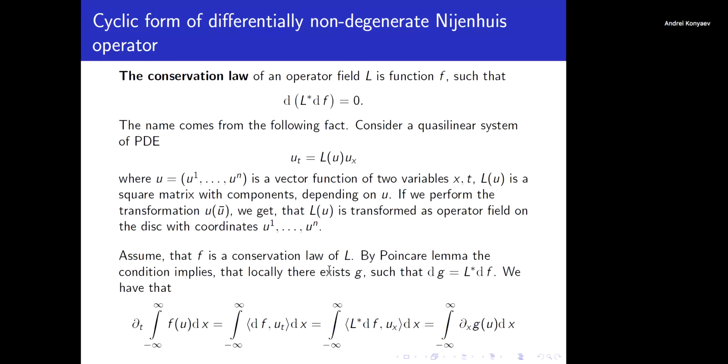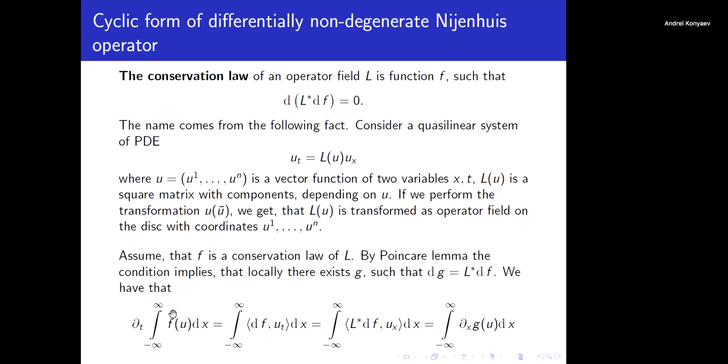Now, what do we say? Well, if F is a conservation law of L, by the Poincare lemma we know that this condition implies this condition. Locally, there exists a function G. Then we can perform the following operation. Imagine the integration of this part, because this is a function of x and t. We get a function of t after integrating in x, and we differentiate it in t.